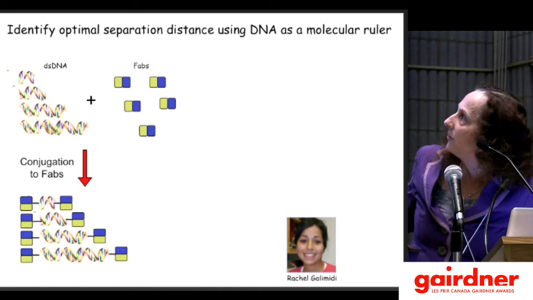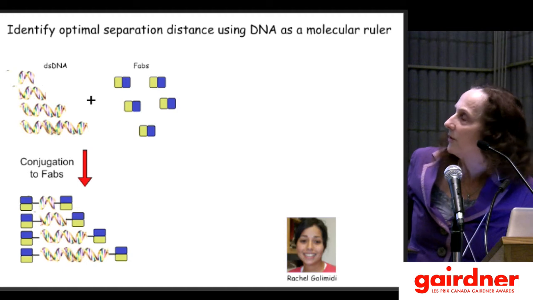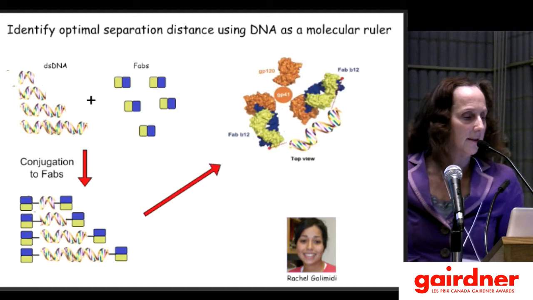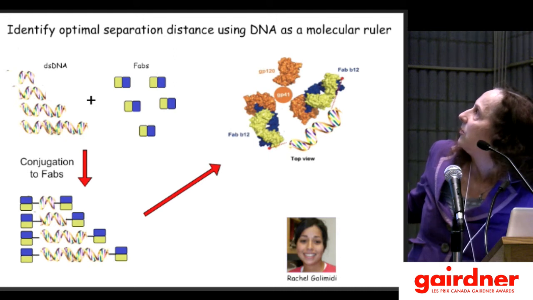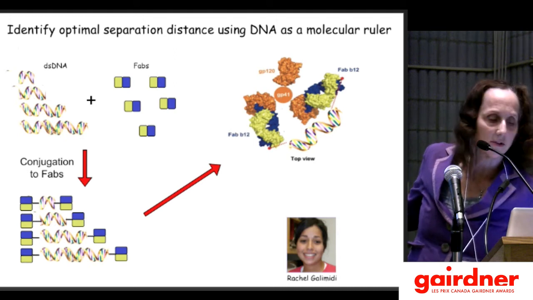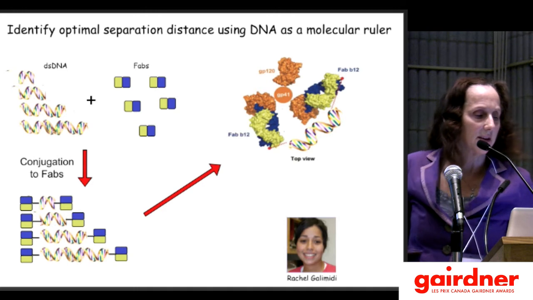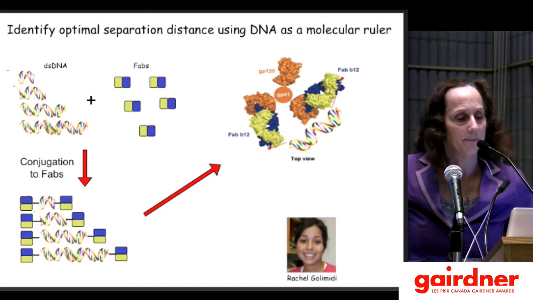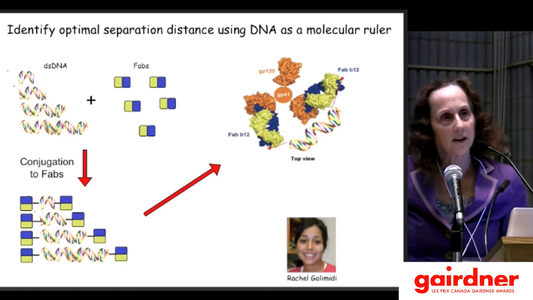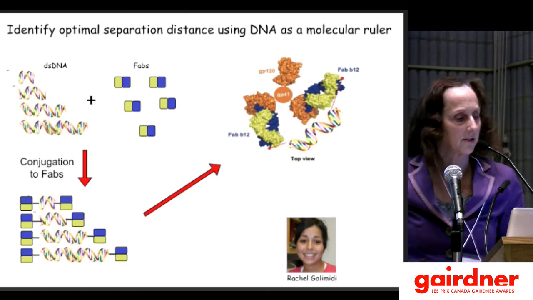So the idea is you take antibody Fabs that bind to HIV, you conjugate them to different lengths of double-stranded DNA. You then assay these to see if they do intraspike cross-linking, and the assay we're doing with these libraries of Fabs is an in vitro neutralization assay of HIV entry into target cells.